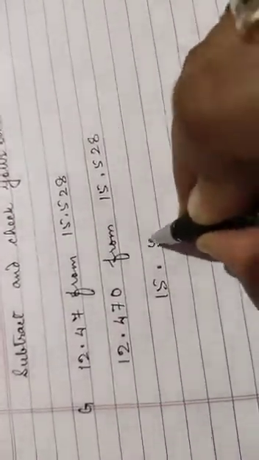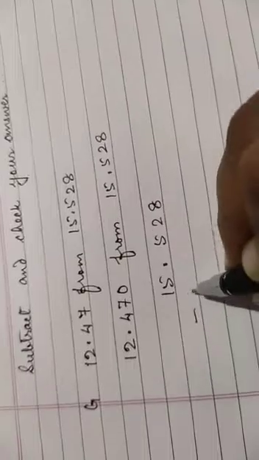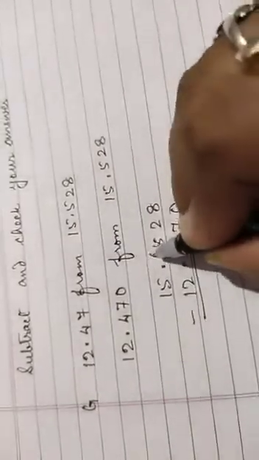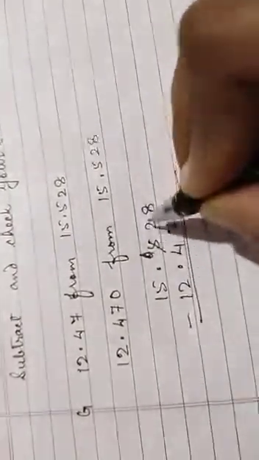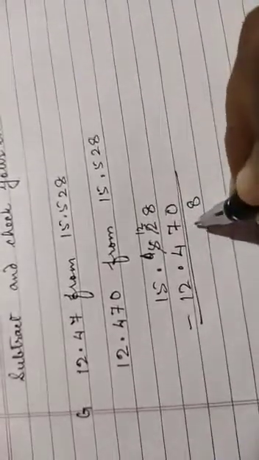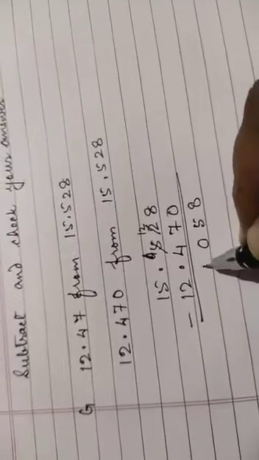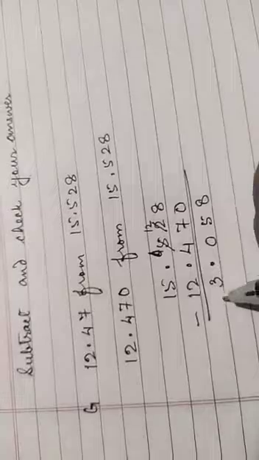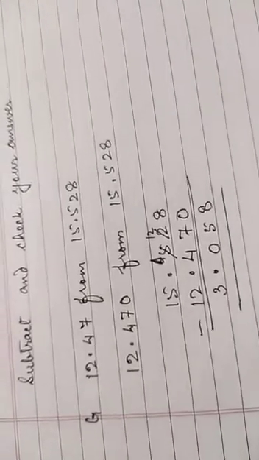Now like decimals it has become. After from whatever is written, we will write that at the top, 15.528 minus 12.470. Okay, 8, 2 minus 7 not possible, this becomes 4, and this becomes 12. 12 minus 7 is 5, 4 minus 4 is 0, decimal point in the same column, 5 minus 2 is 3, and this is nothing. So this is 3.058 we are getting.